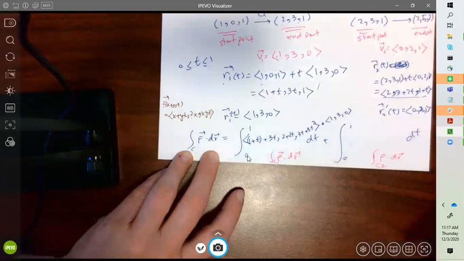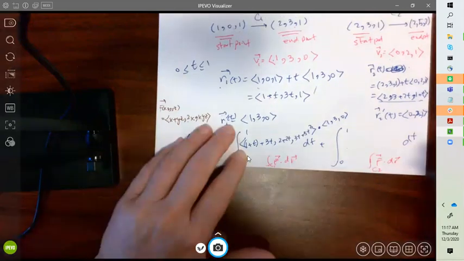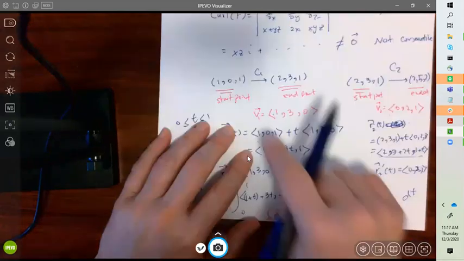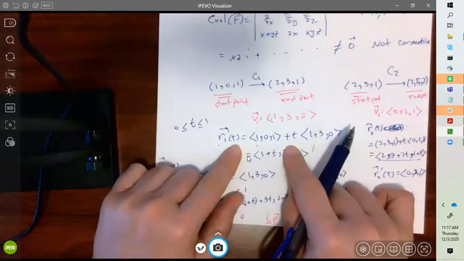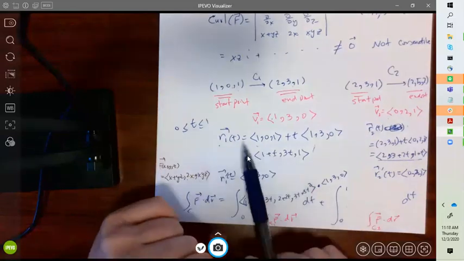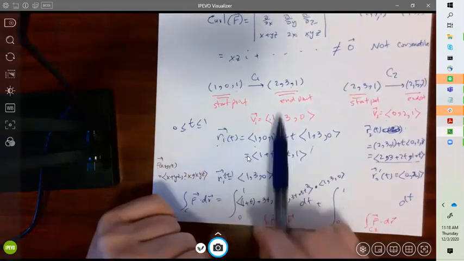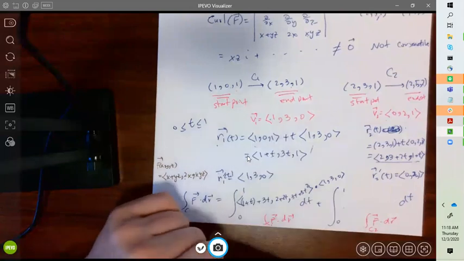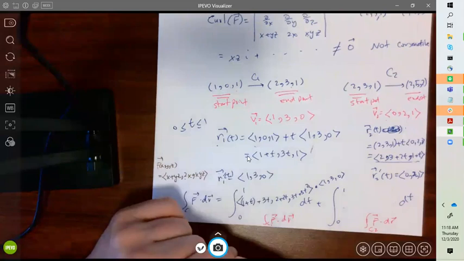Professor? Yes. How do we know that the bounds are from 0 to 1? Oh, the format that I used to parameterize is just basically when you plug in 0, you get the start point. When you plug in 1, you get the end point. Oh, okay, right. So that's the beauty of this one.